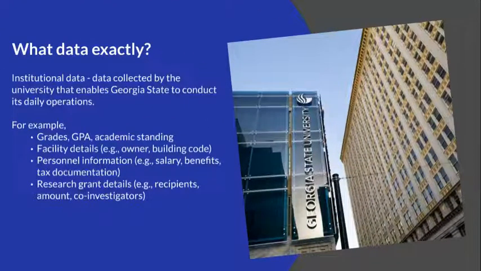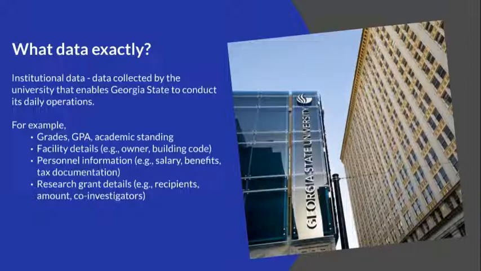I've mentioned institutional data, but what data am I referring to? Institutional data include data that are collected as well as calculated by the university and enable us to conduct our daily operations. For example, grades, GPA, and academic standing are institutional data, as are facility details, personnel information, and research grant details.